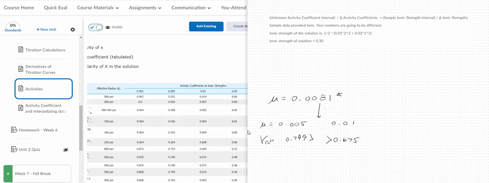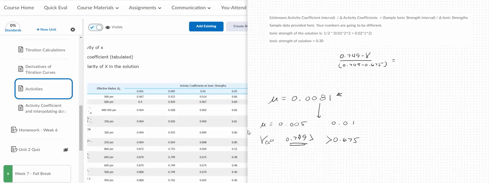So we have our unknown activity coefficient interval. I'm going to pick that I will have this as my first value. So 0.749 minus the gamma I'm looking for, divided by the delta of our activity coefficient, so 0.749 minus 0.675.